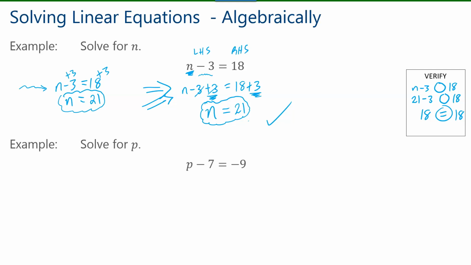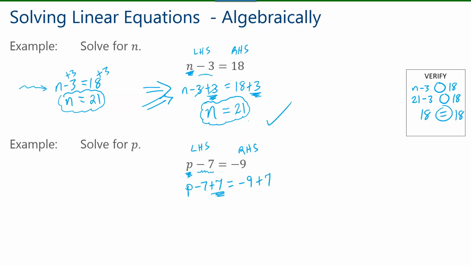Solve for p. P subtract 7 equals -9. My variable that I want to get by itself, right there, 1p. What's associated with it on the left-hand side? I got a subtract 7. To get rid of subtract 7, the opposite to that is add 7. And whatever I do to the left-hand side, I have to do to the right-hand side.